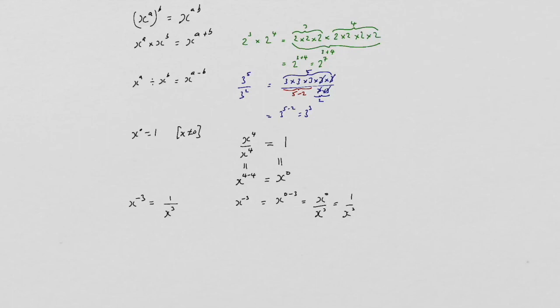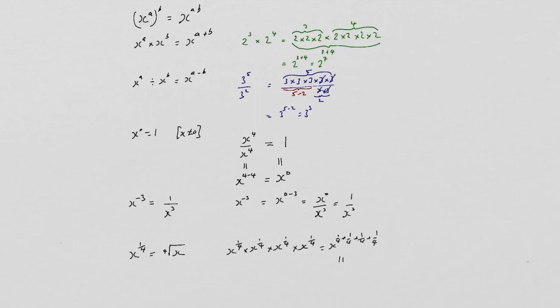So let's say we have x to the power of a quarter, and we would say that's the 4th root of x. So why might this be? Well, using the rules we've looked at so far, we could say x to the power of a quarter times x to the power of a quarter times x to the power of a quarter times x to the power of a quarter is x to the power of a quarter plus a quarter plus a quarter plus a quarter.